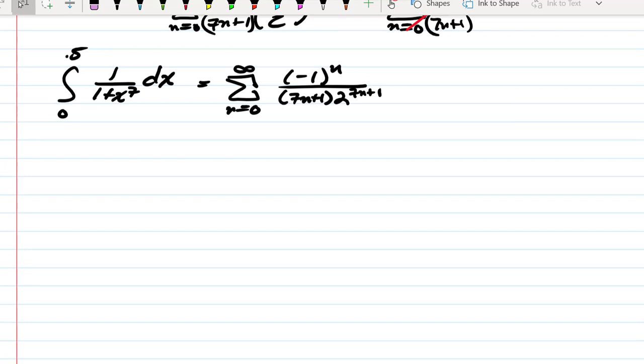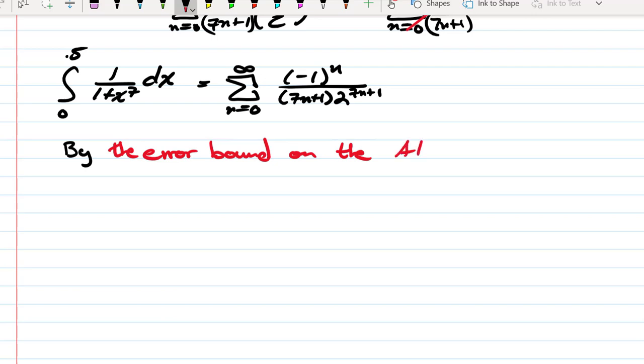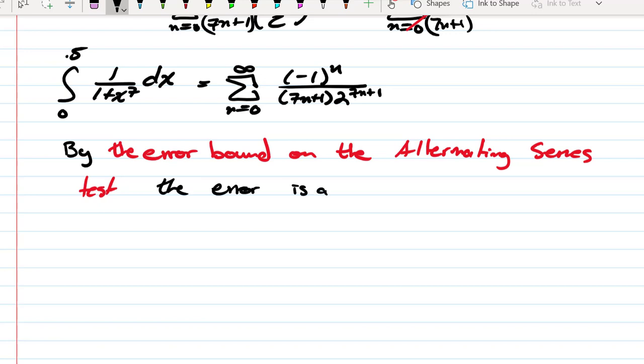So we know that the error by the alternating series test is always less than the next term of the series.